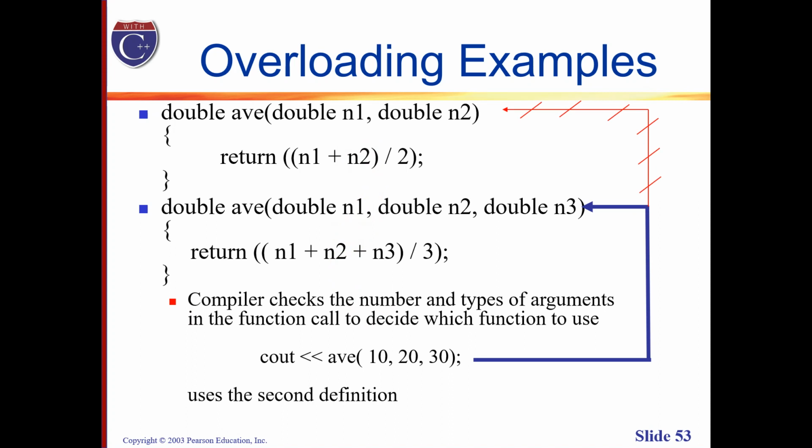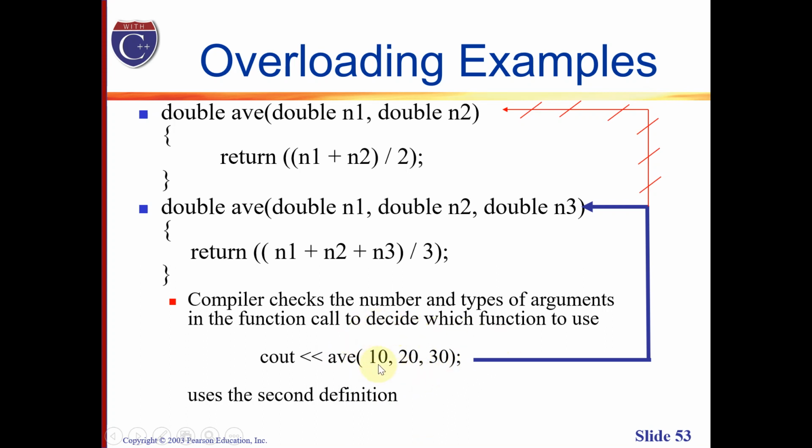In this case, the compiler checks the number and types of arguments in the function call to decide which function to use. For instance, we have the following function call as a part of this cout statement. After seeing the number of arguments that are passed to this function, our compiler will check if there is a version of this function with three arguments.